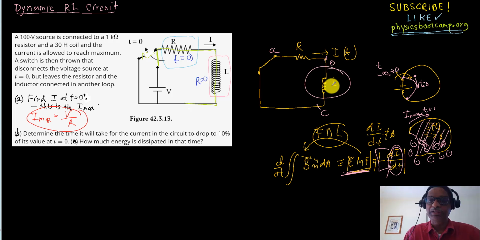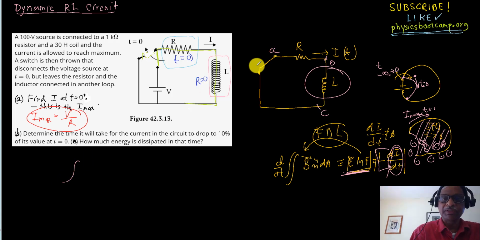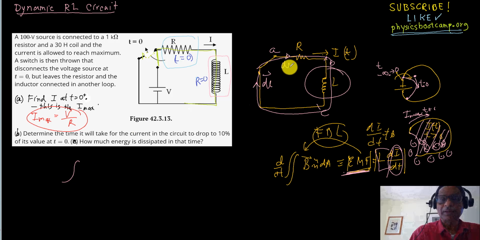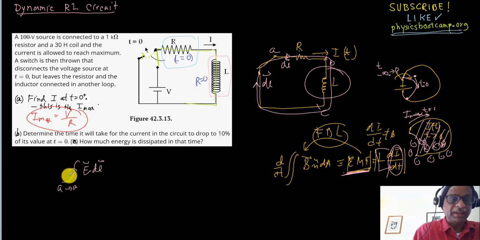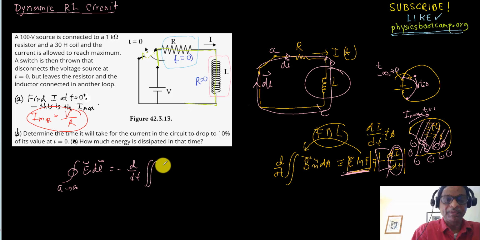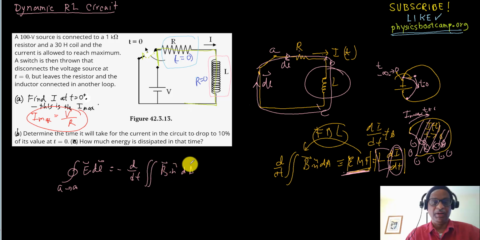So either you can do it like this, go in the circuit like that. So these are like a dL. So you can do E dot dL, A back to A, equals minus d/dt of B dot n hat dA.